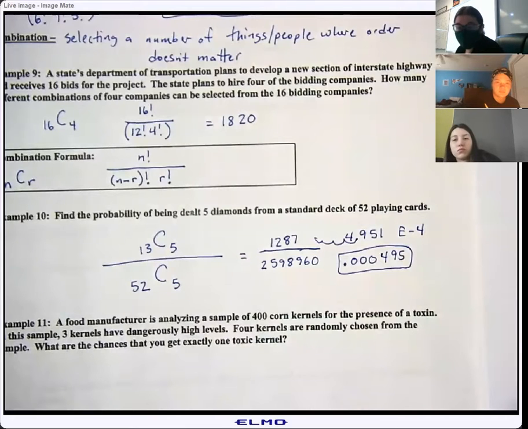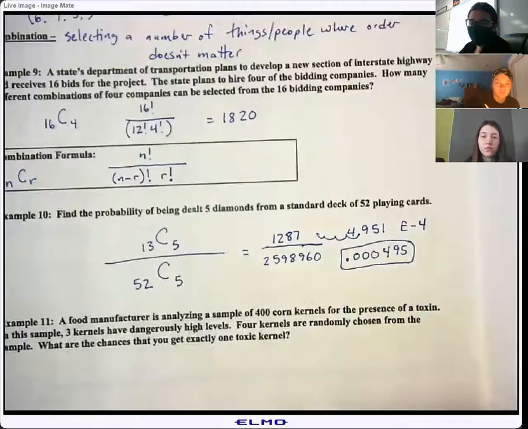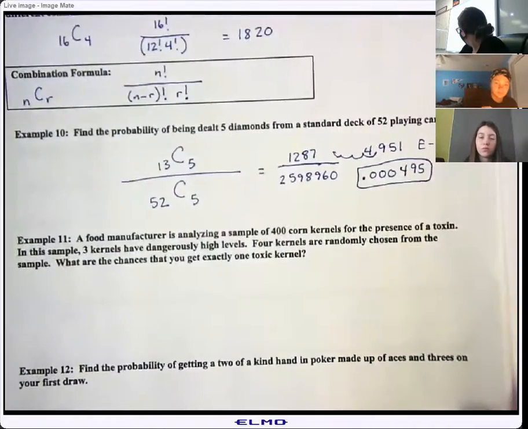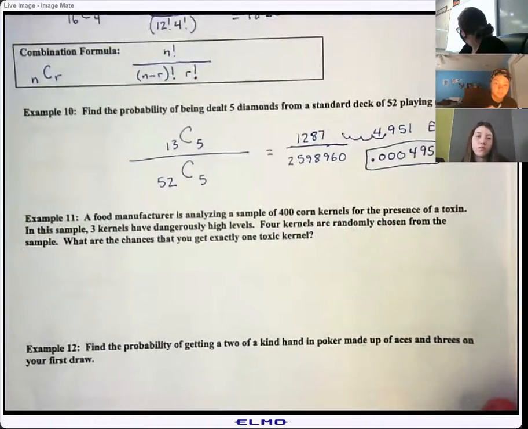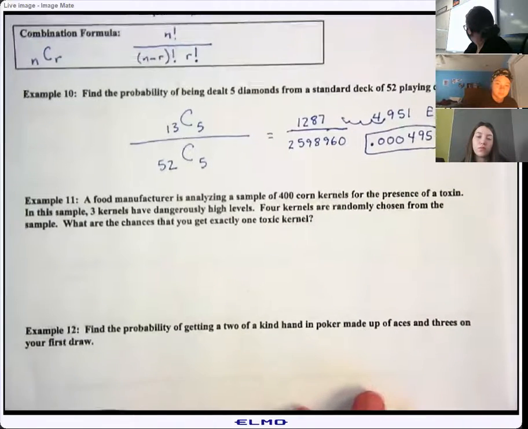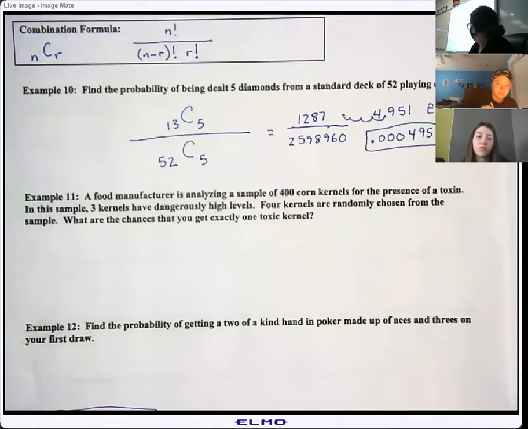Example 11. Anybody got any questions for me on number 10? Megan, you doing all right? Okay. A food manufacturer is analyzing a sample of 400 corn kernels for the presence of a toxin. In this sample, 3 kernels have dangerously high levels.